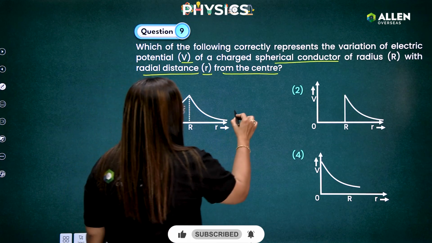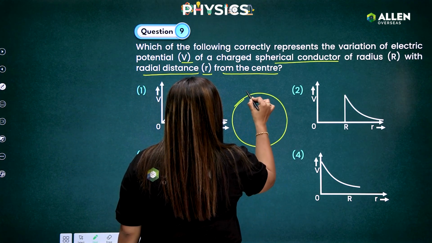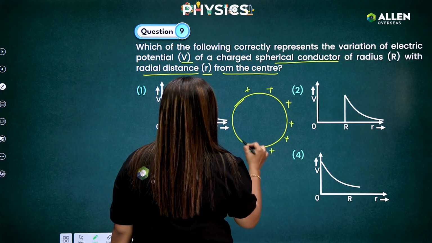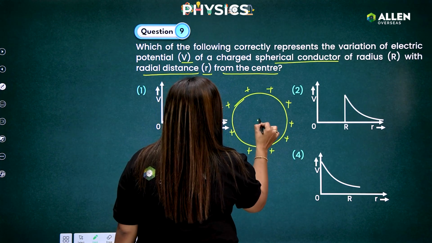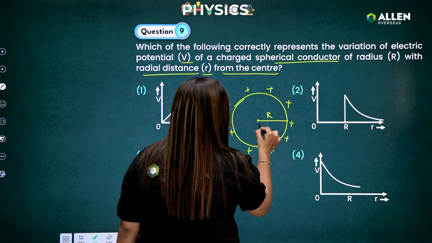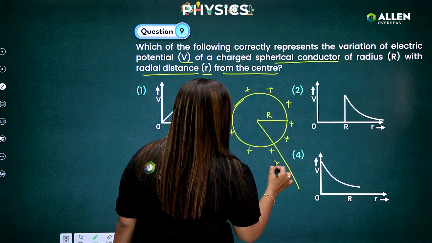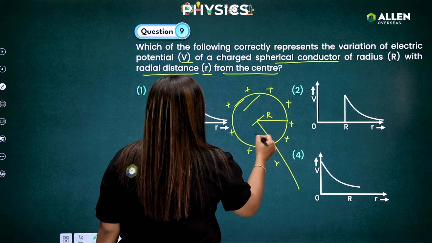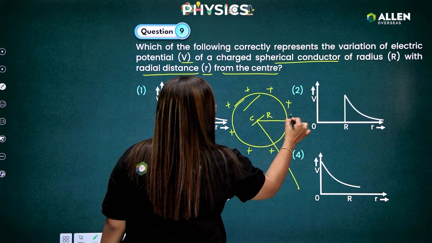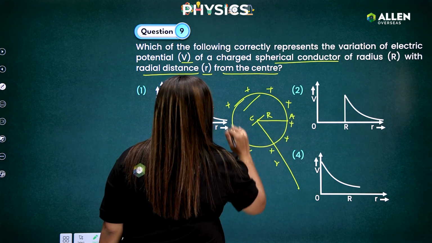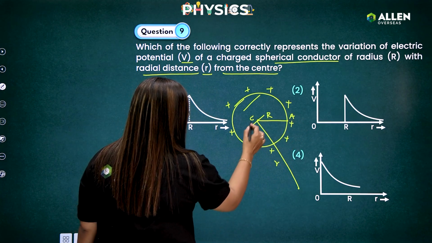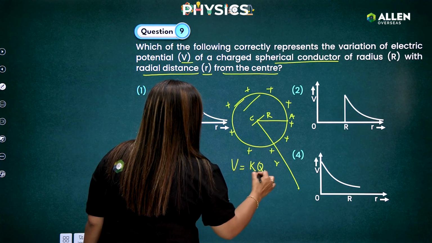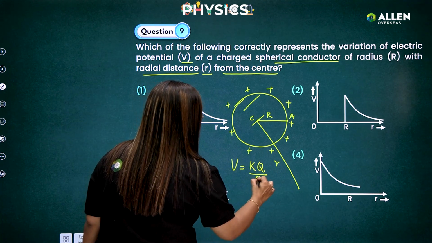So if I am going to draw a conductor here and we are going to give it a total charge of capital Q, having a total radius of capital R, and we are required to find out the variation of the potential for these points. So inside the conductor from the center to the surface, we know that the potential is constant, and that value is K capital Q divided by R, where K is the electrostatic constant.